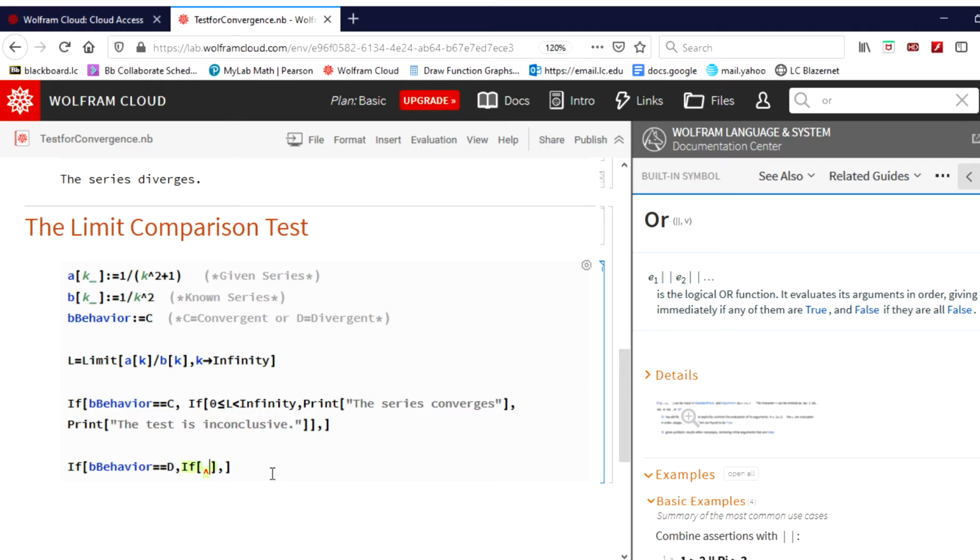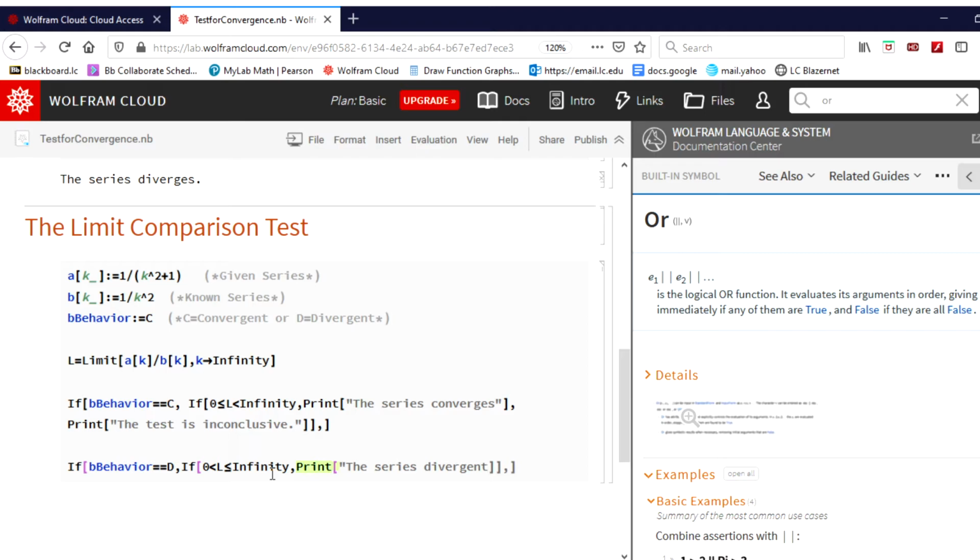And that being, you move to your value of L. If L is bigger than 0, now notice in this case it's not equal to, but less than or equal to infinity. In this case, we can equal infinity. When that is true, the result of the test is divergence, right?